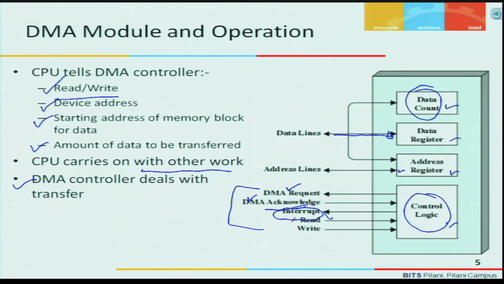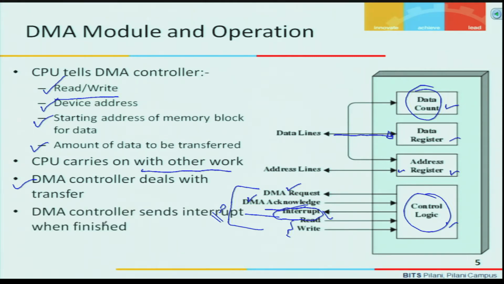The read and write control signals are used to indicate to the DMA whether the operation is a read or a write operation. This interrupt is different from what we have discussed in interrupt driven IO. These interrupts simply indicate to the processor that the block of data transfer is over.